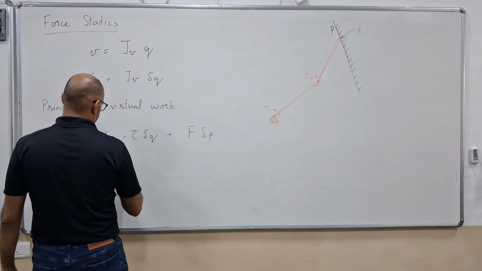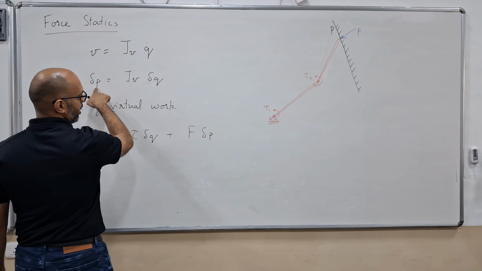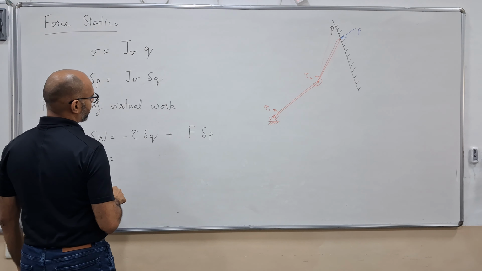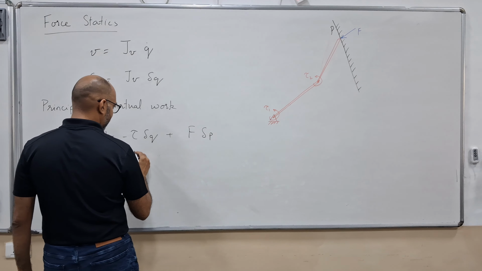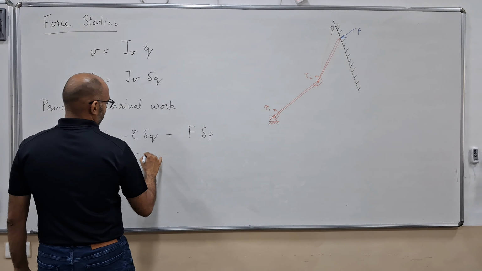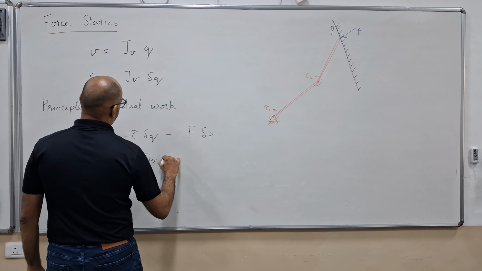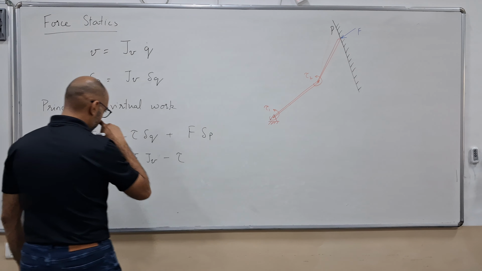I would then use delta p is equal to Jv times delta q over here, and then I could write this as F Jv minus tau.